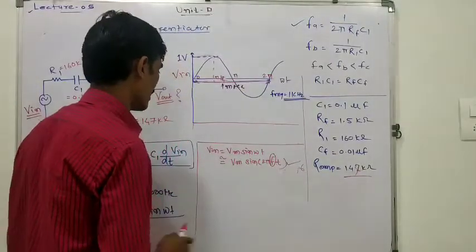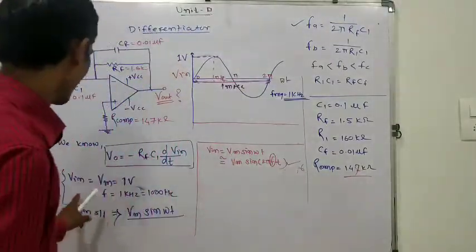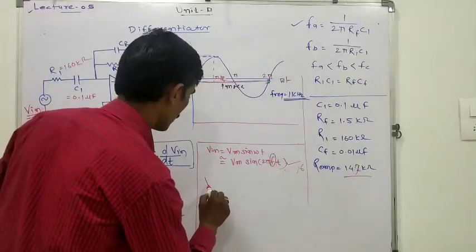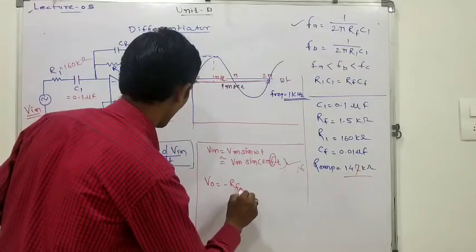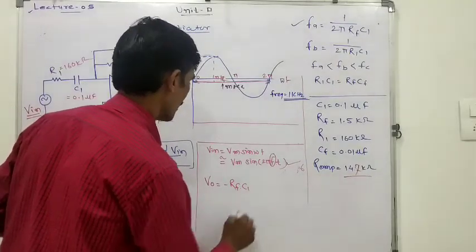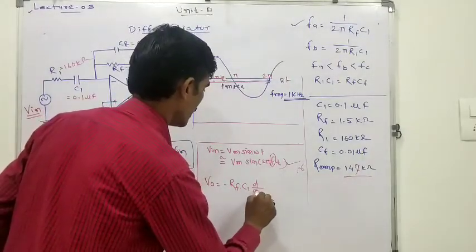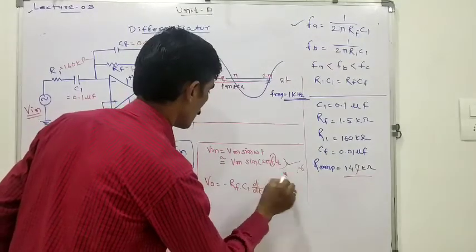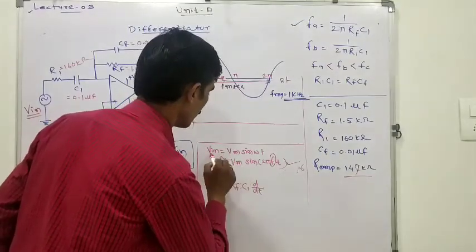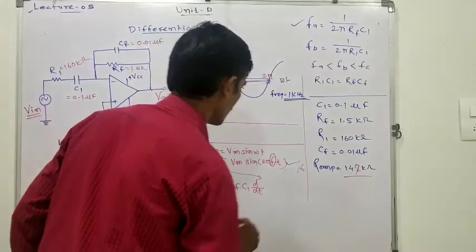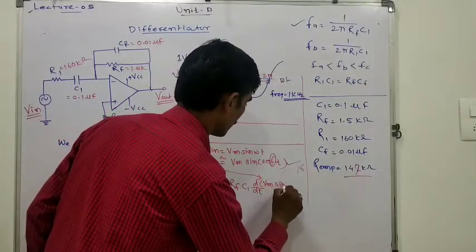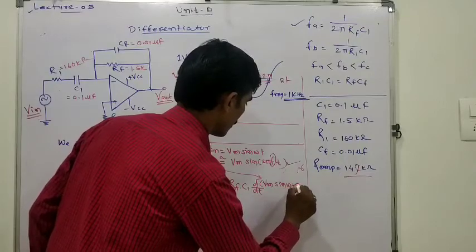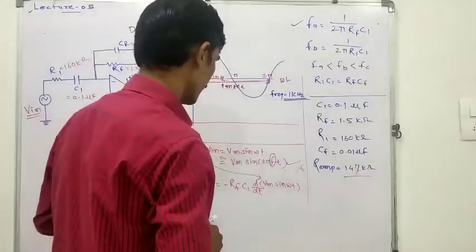First of all, Vin is given. So we know that VO is equal to minus RF into C1 d/dt of Vin. We just put this Vin here. What is the value of Vin? That is Vm sin omega t.